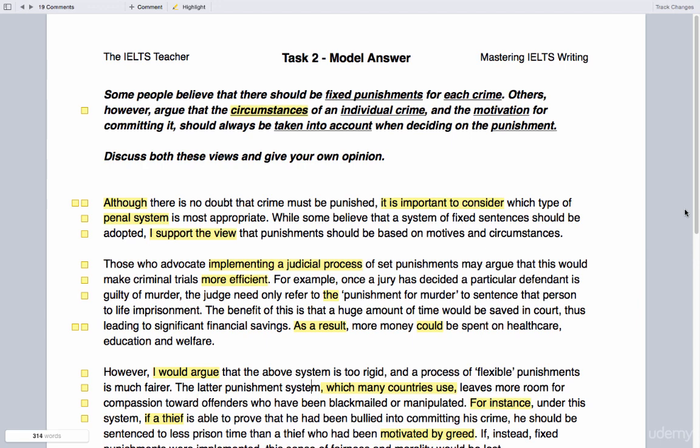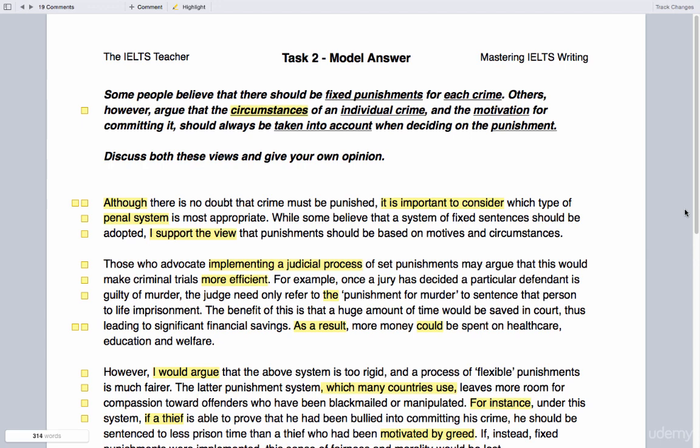So what we're going to do as we go through this question and the answer is we're going to pick out pieces of language and techniques which have been used to address the band descriptors. I will be explaining which of the band descriptors are addressed in each of the highlighted pieces of language, and I will also be pointing you to the lecture which tells you how to improve your skill in this area.